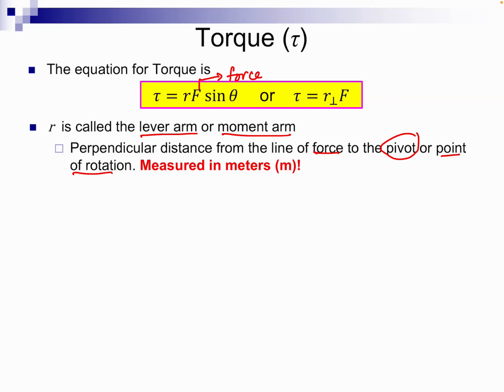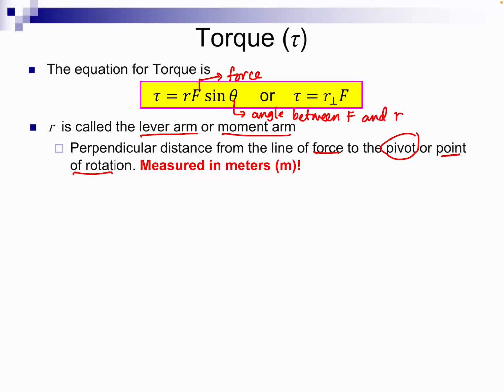The lever or moment arm is therefore measured from the force to the pivot point. So in this case, this distance here is the lever arm R or moment arm R. So that's R in the equation. Theta is the angle between the force and the lever arm R.